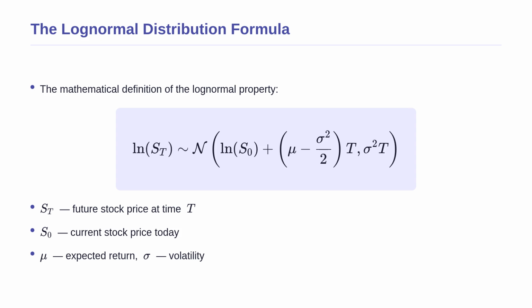Inside the parentheses, the first term is the mean, which is the natural log of today's price, S0, plus the expected return mu, minus half of the volatility sigma squared, all multiplied by time t. The second term is the variance, which is the volatility squared multiplied by time. When volatility increases, it actually drags down the expected growth rate.